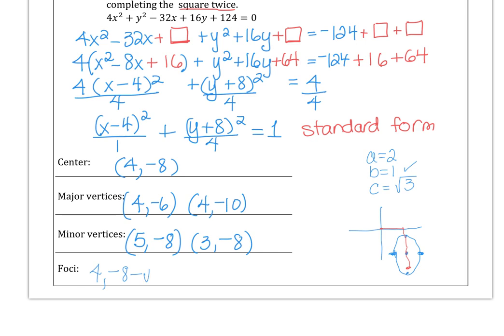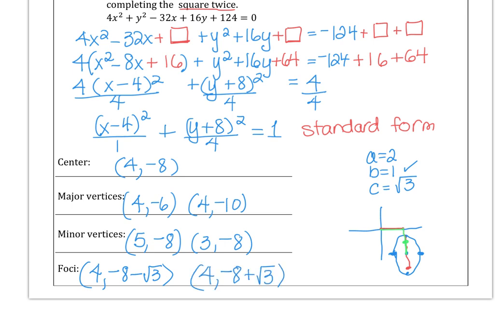And we subtracted the square root of 3. To get the other one, we're going to start at the center, go out to 4, go down 8, and then we're going to add back the square root of 3. So 4, go down 8, and add back the square root of 3.